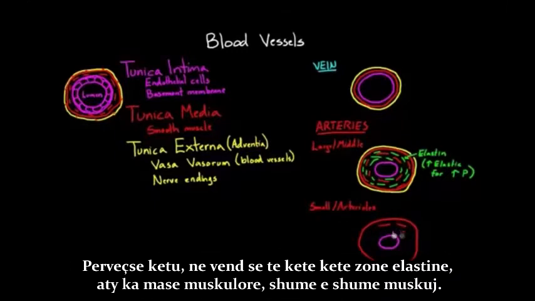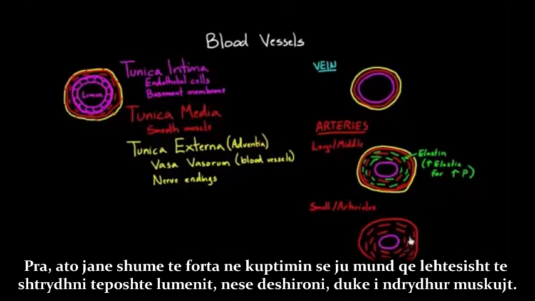Except here, instead of having elastin in this area, you have just tons and tons of muscle. Lots of muscle. So they're very, very strong in the sense that you can very easily squeeze down on the lumen if you wanted to by having all this muscle contract.